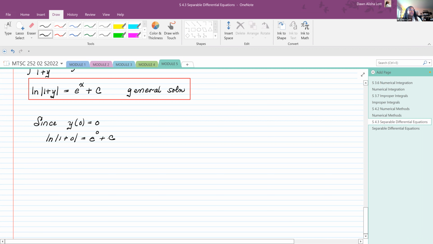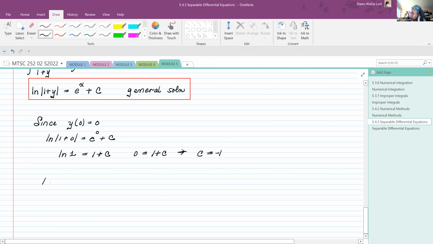So I plugged in x is equal to 0 and y is equal to 0. In doing that, I get the log of 1 on this side is equal to 1 plus c. I know the log of 1 is 0, so I get 0 is equal to 1 plus c. So now I know my constant has got to be -1.